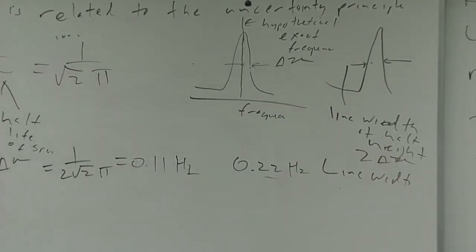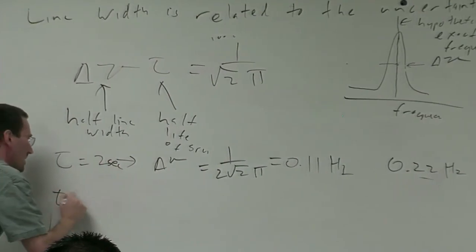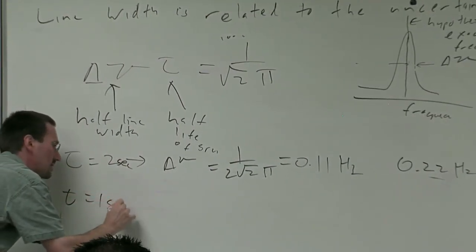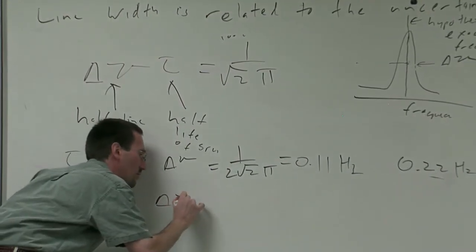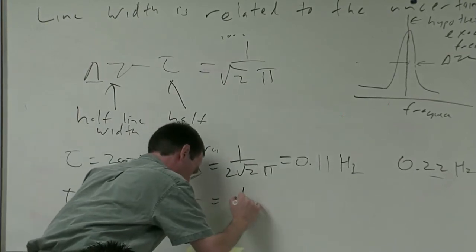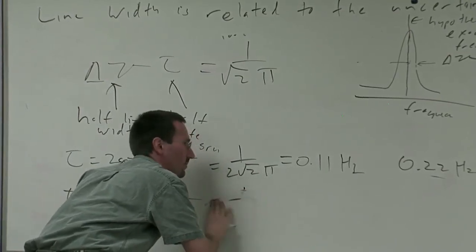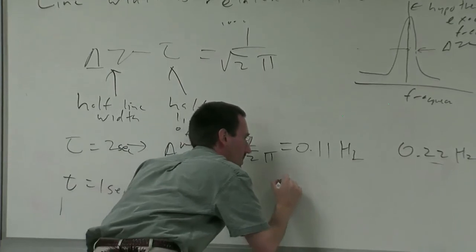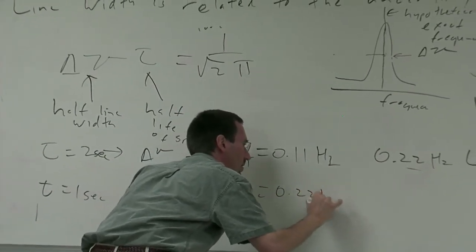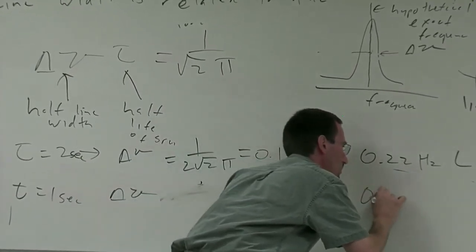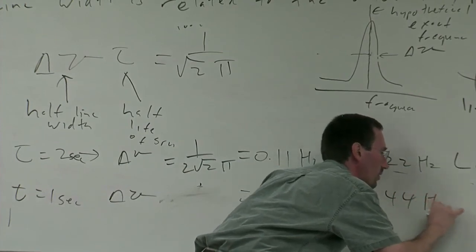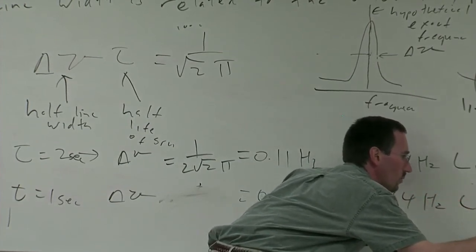If I have tau, and this is of course seconds, if I have tau equals 1 second, then delta nu is equal to 0.22 hertz, and that's 0.44 hertz line width.